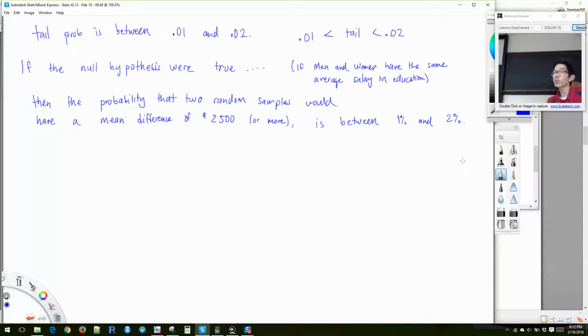So the question now is, do we say 1 to 2% is a non-negligible amount, so I'm not ready to say this provides evidence that there's a difference between male and female salaries? Or do I say 1 to 2% seems pretty unlikely, so I'm ready to conclude that this provides some evidence that men and women have different average salaries?